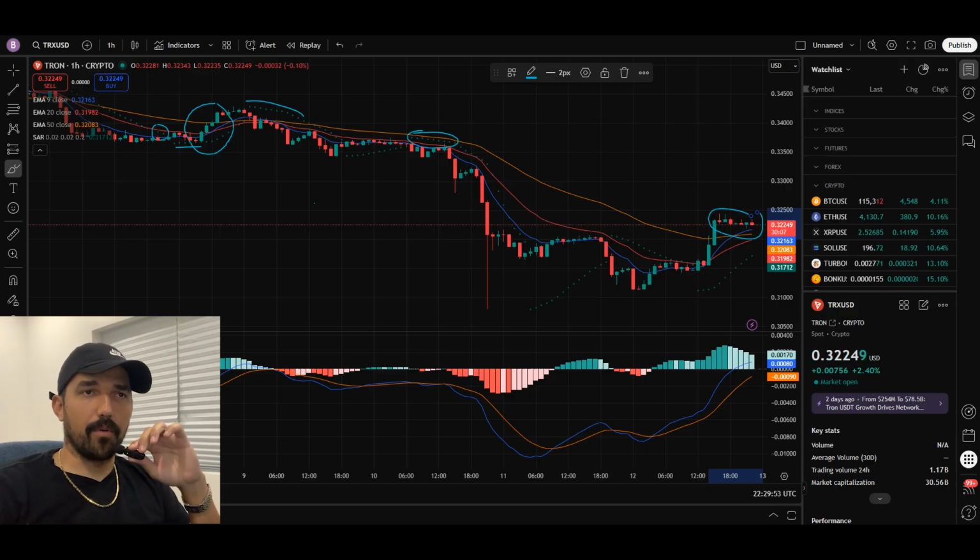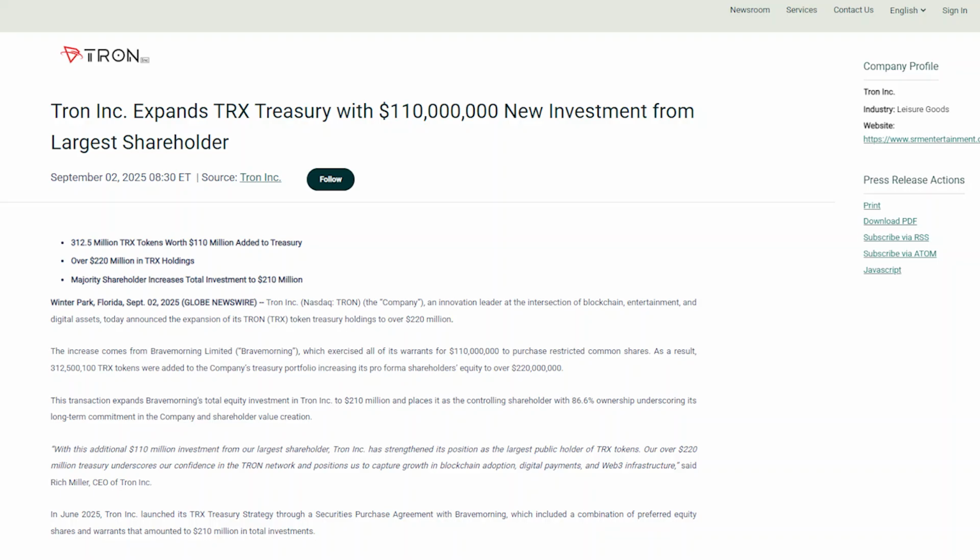Tron Incorporated added like 3.2 million Tron coins to its treasury, right, via its largest shareholder, bringing the total holdings up to like 220 million. So this shows strong internal confidence and capital backing, right? So along with seeing a possible uptrend, these type of things further reinforce that we should be looking pretty good in the next week or so, a couple of weeks.